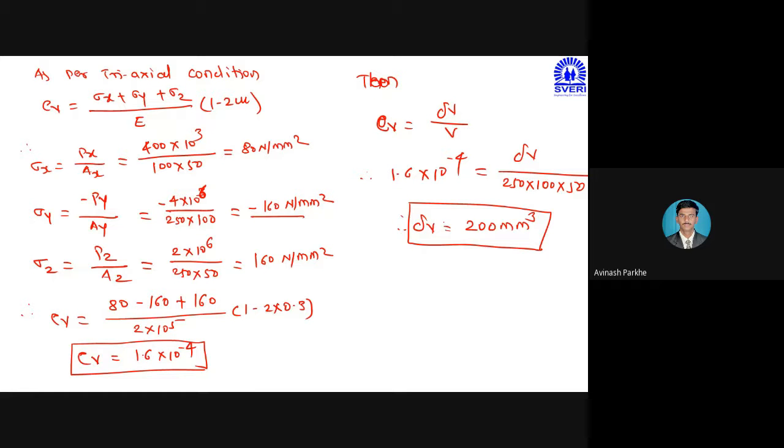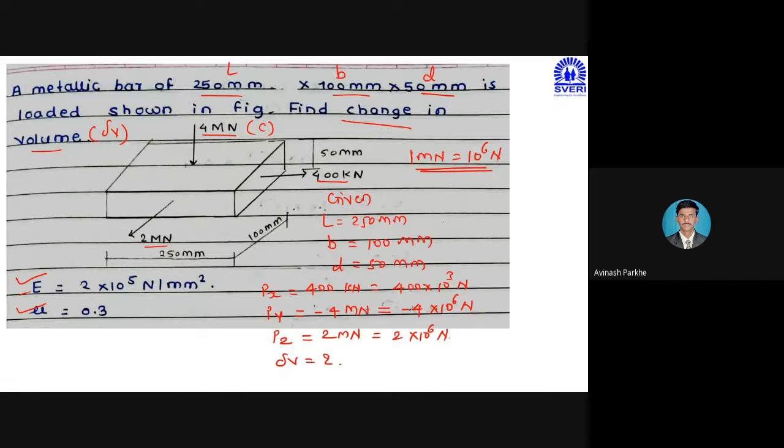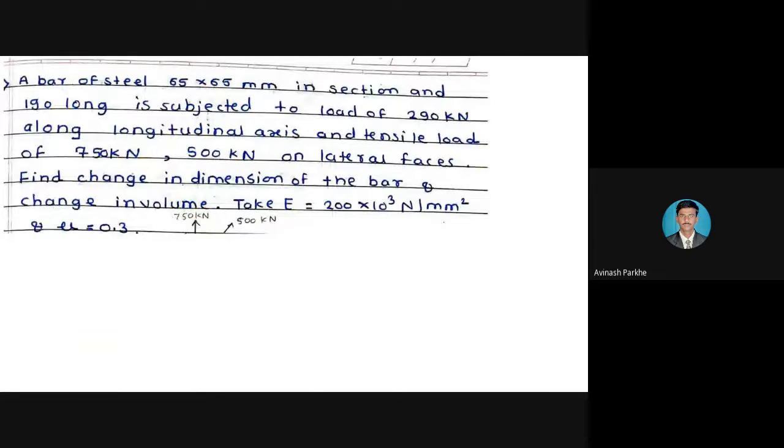It is a very simple problem. The only change is that some forces are given in kilonewton, some forces are given in meganewton, and out of the three forces, one force is given in compressive direction. Okay, so this is the one problem we have solved.